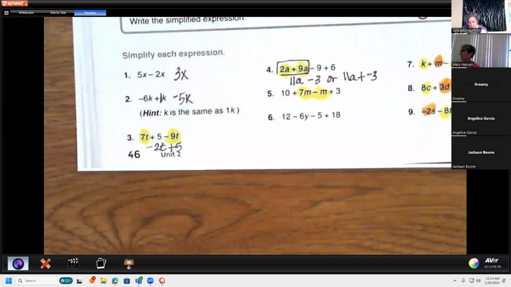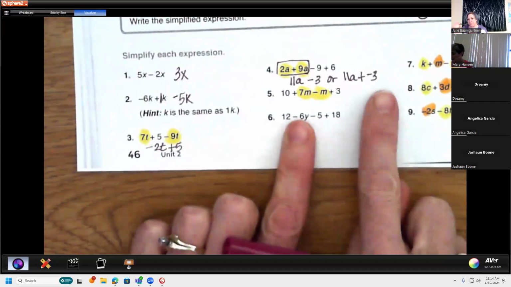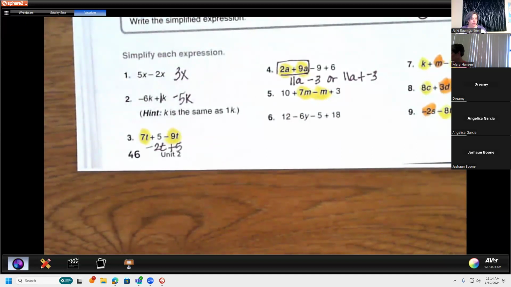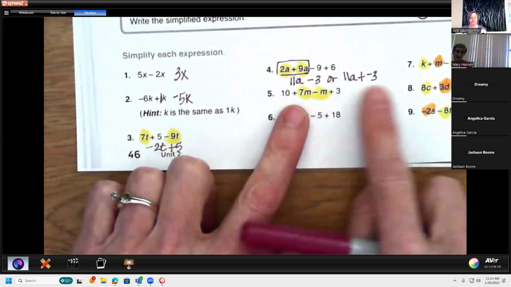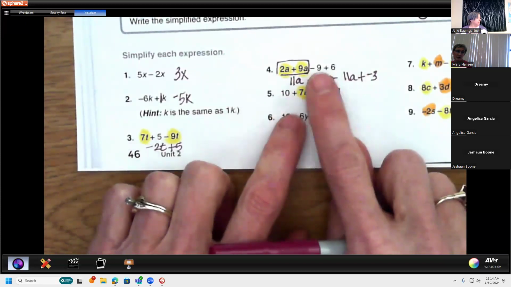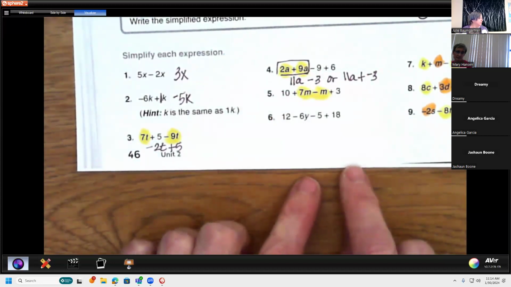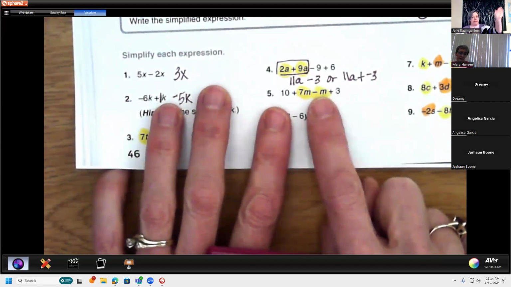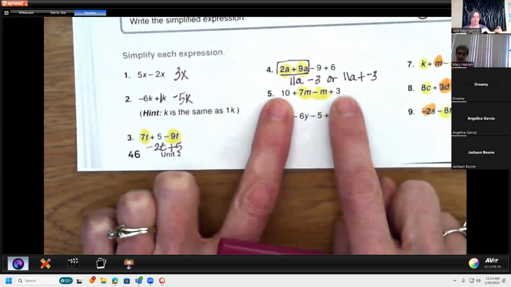But I cannot take those a's and combine them with the 3, because the 3 doesn't have an a with it. So don't just keep combining everything. You have to make distinctions between which ones have letters that are the same and which ones are just numbers. So for number 5, we've got M's in the middle, and then we've got plain numbers on the outsides.